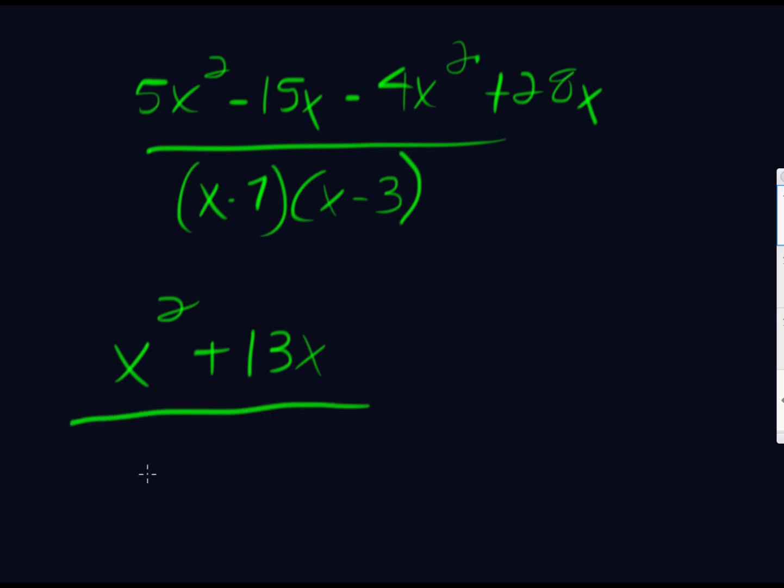In our denominator, I would want to write that least common denominator just as it is: x minus 3 and x minus 7. I could FOIL that out, but there's really no need to. We can leave it just like this.